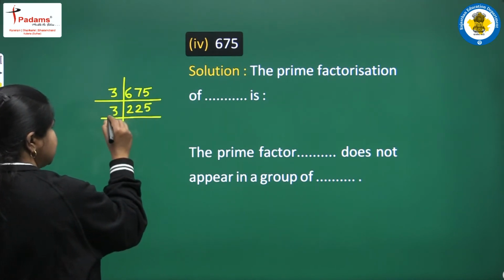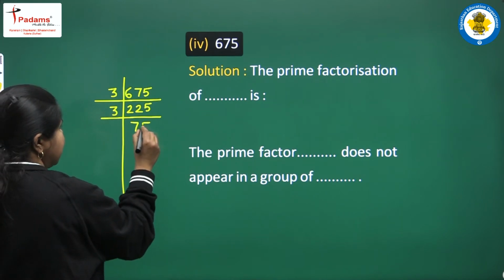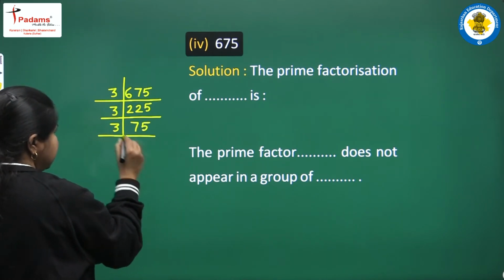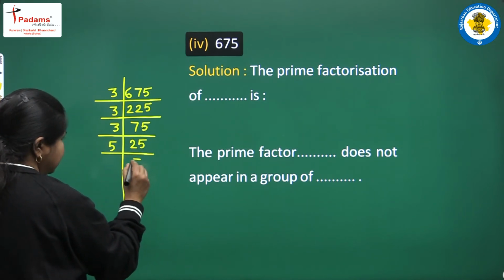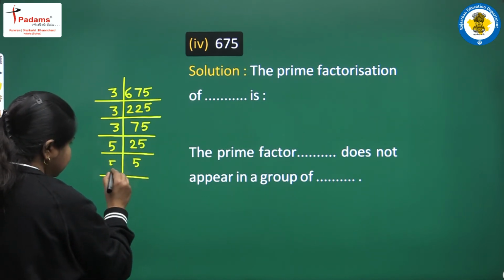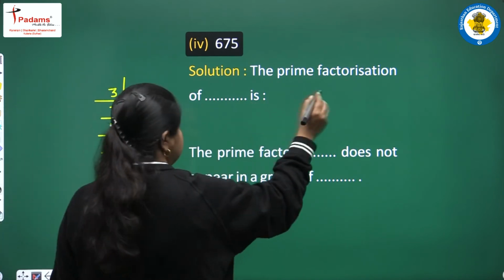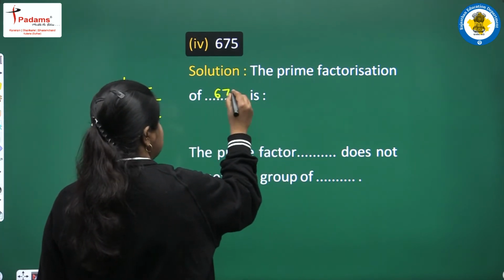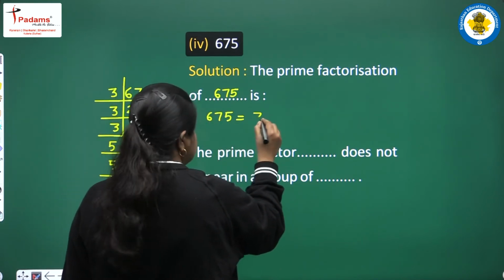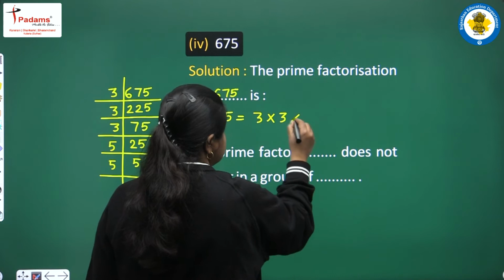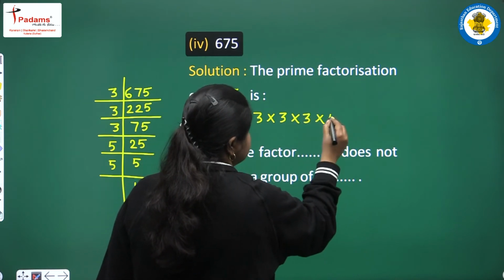Again by 3. 3 7s are 21 and then 5 times. Again by 3 it will go 25 times and now dividing by 5. 5 5s are 25, 5 1s are 5. So the prime factorization of 675 is given by 3 into 3 into 3 into 5 into 5.